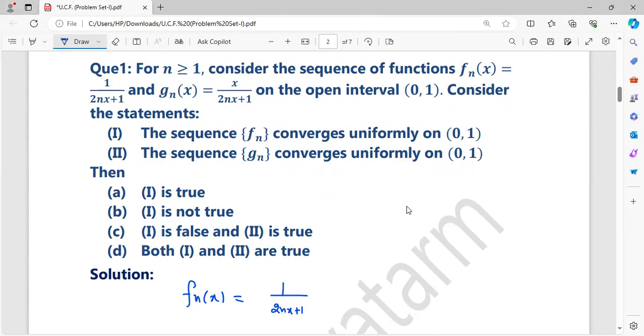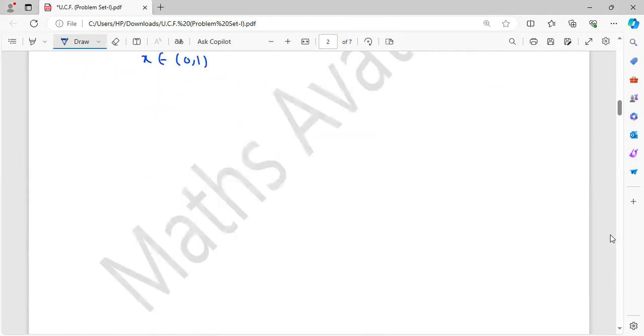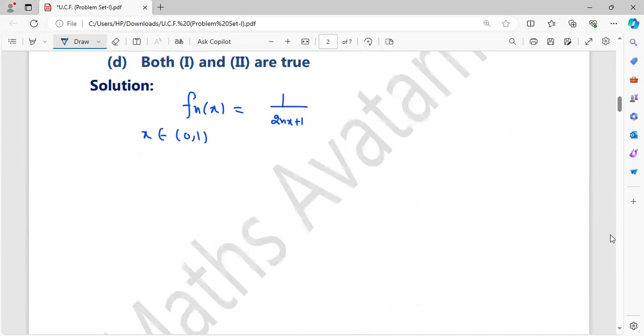Okay, so if we take any x belonging to (0, 1), what do we have? This implies f_n(x) is 1 upon 2nx plus 1.